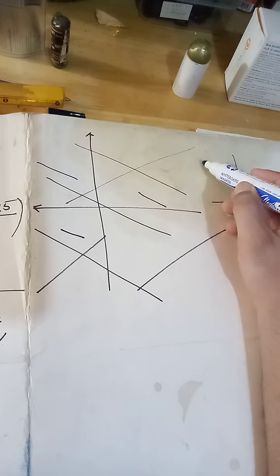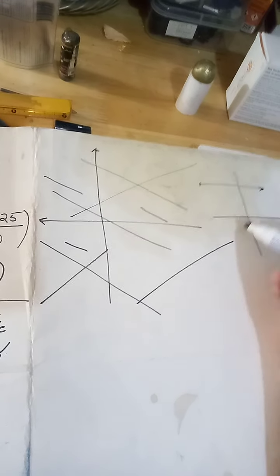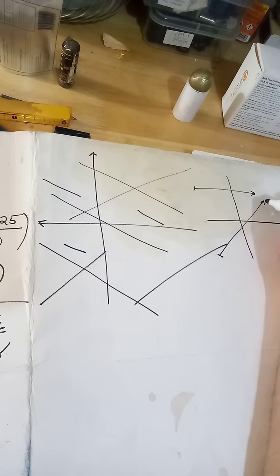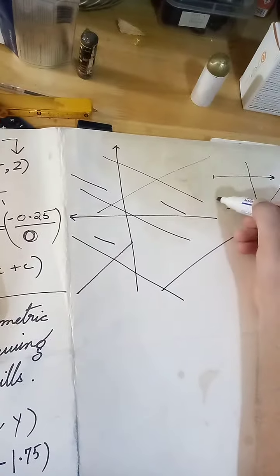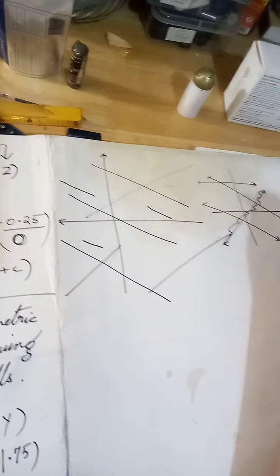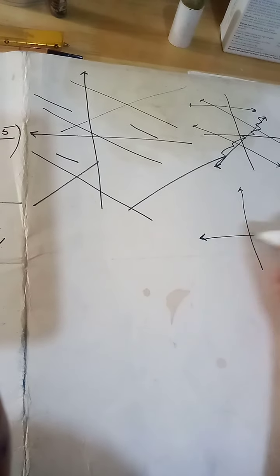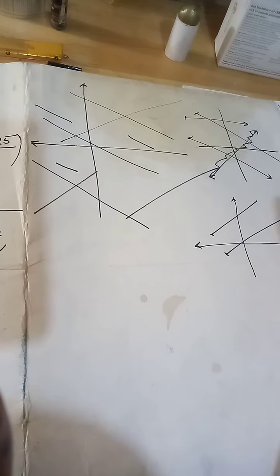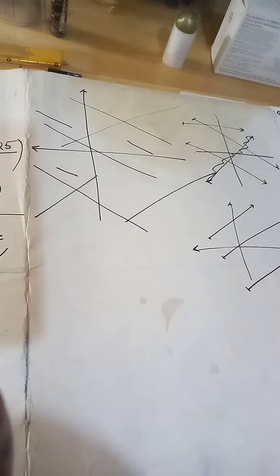A negative gradient is going from here to here, here to here. So these are all negatives. What's a positive gradient? A positive gradient is this. These are all positive. I hope you understand.